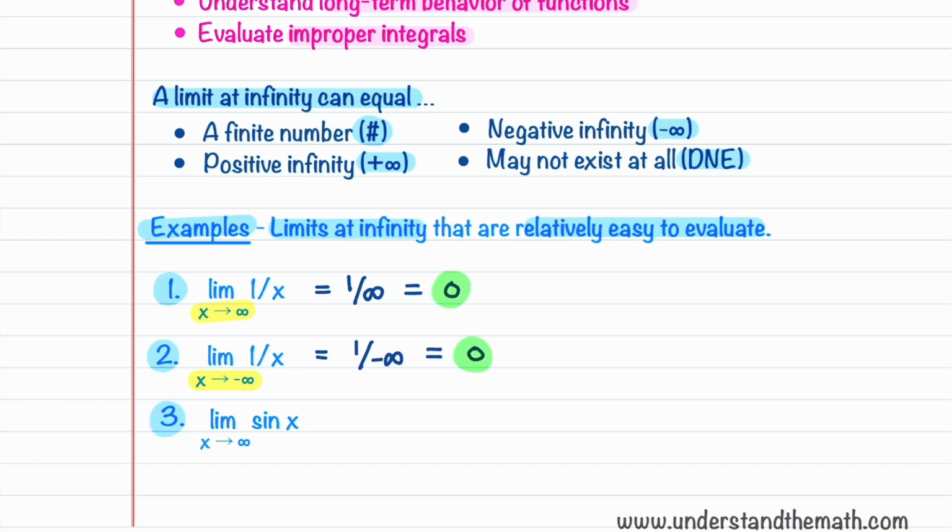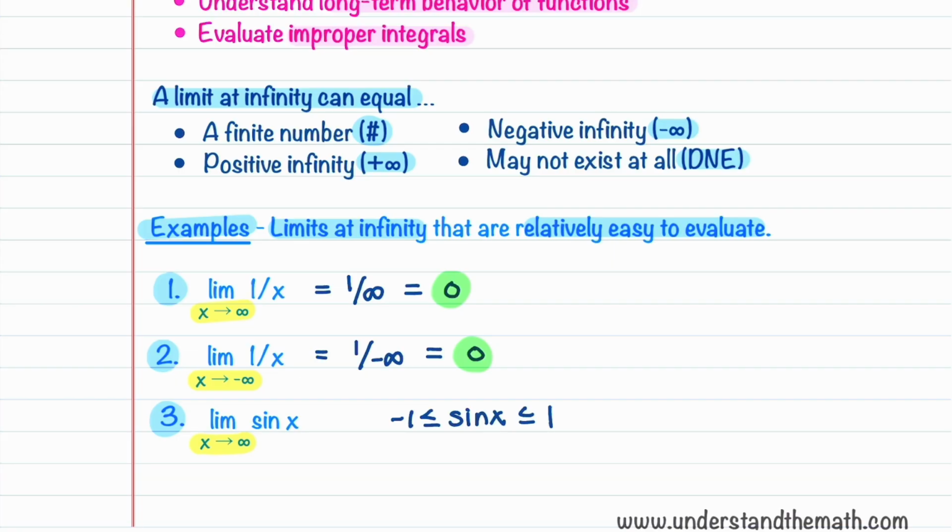In this example, I have x going to infinity, and our function that we're taking the limit of is sine x. Sine x is what we call an oscillatory function, and it's defined to be between -1 and 1. And our function just continues to oscillate between the values of -1 and 1.